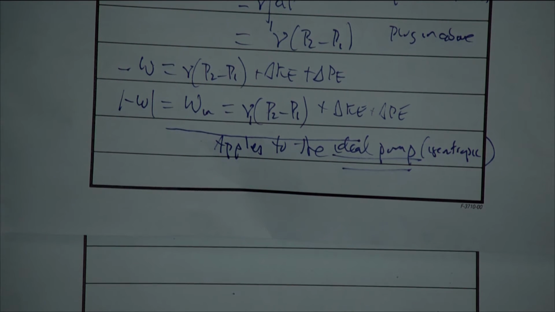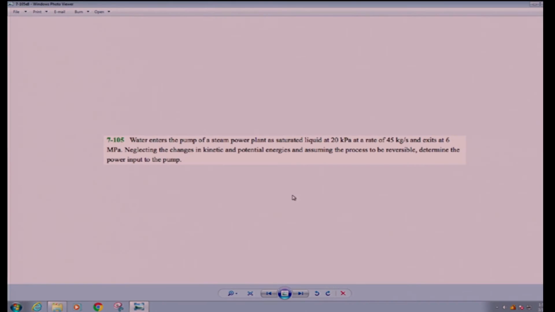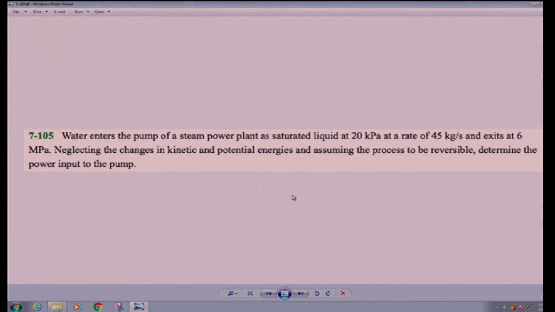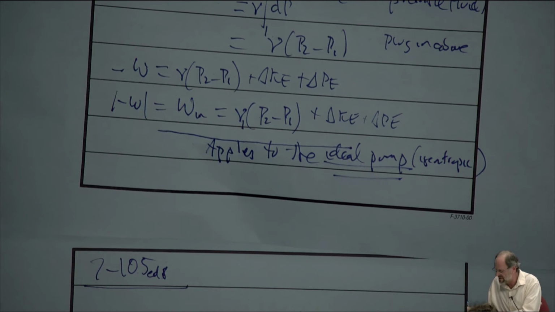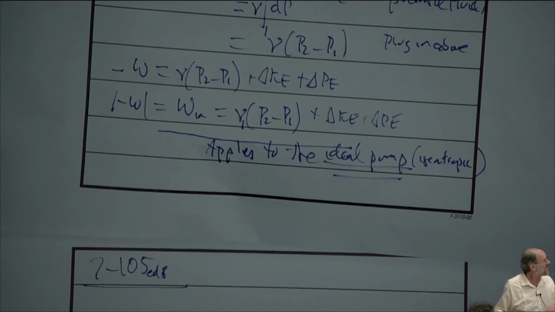So if we could have our computer switched on one of these screens. So this is 7-105. And this is from your 8th edition, the current edition of the book. All right.